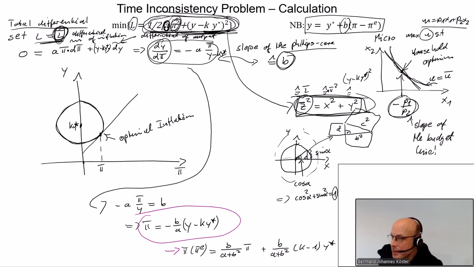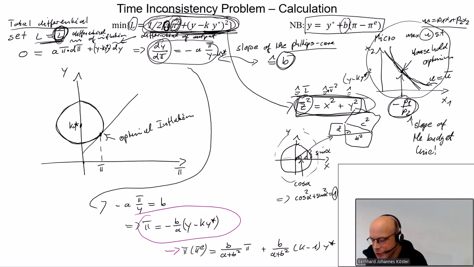This means our indifference curve, which you know from microeconomics, is in our case just a circle. And our condition was the Phillips curve, which is just a linear line of y depending on inflation pi.